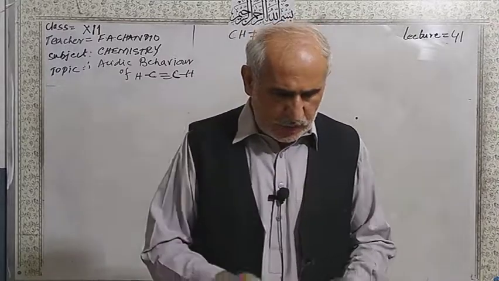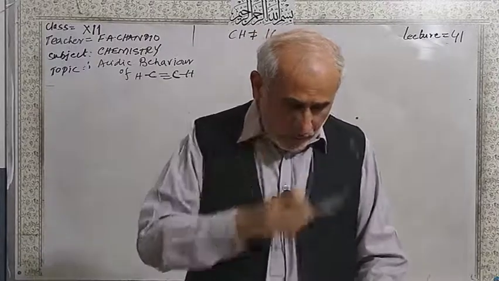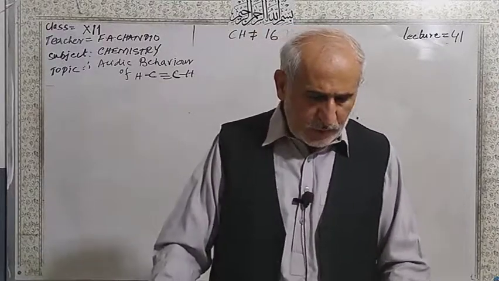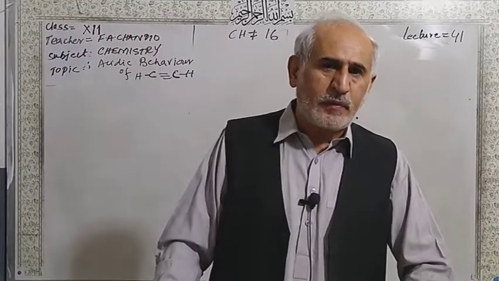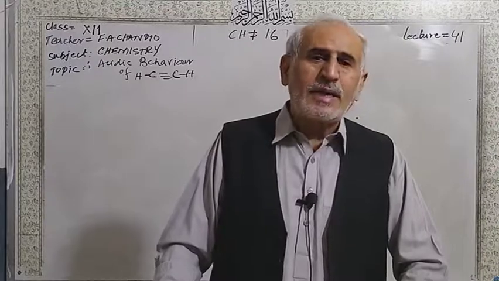In the last lecture I gave you an introduction about this one. Now these are the examples of how the terminal of the acetylene gives the acidic behavior and what the uses are in chemistry, in analysis.